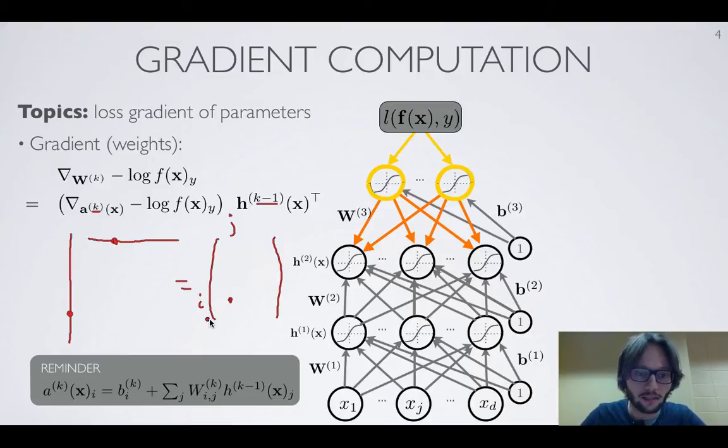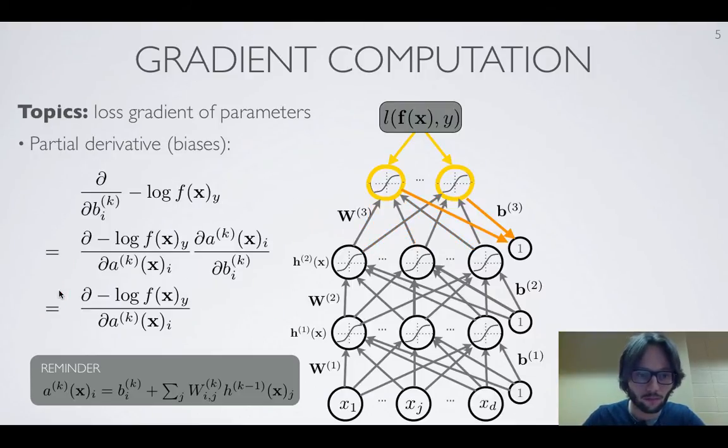And so indeed we'll get a matrix where the element ij is the multiplication of the ith element of that vector times the jth element of that vector, which turns out to be the actual value of the partial derivative with respect to connection ij. So this expression does correspond to the gradient with respect to the full matrix W for the hidden layer k.